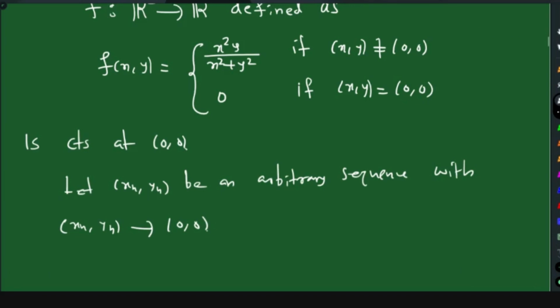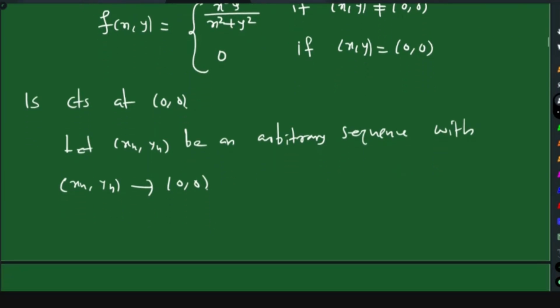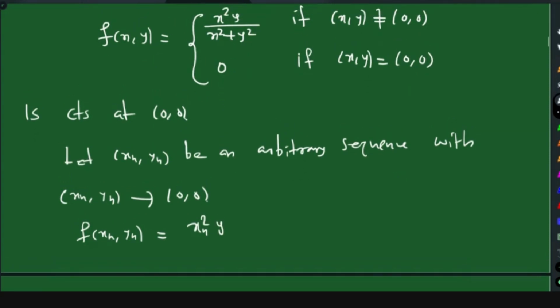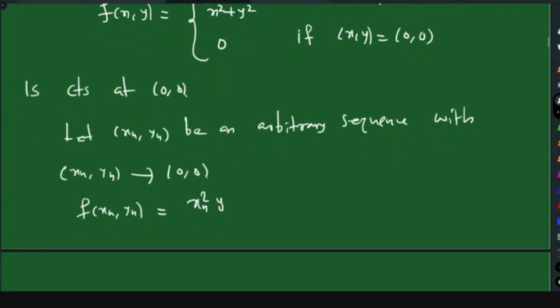Now you look at f(xn, yn). What will you get? f(xn, yn) is in fact, you just substitute there, x square y divided by x square plus y square is your function. So you will get xn square yn divided by xn square plus yn square.